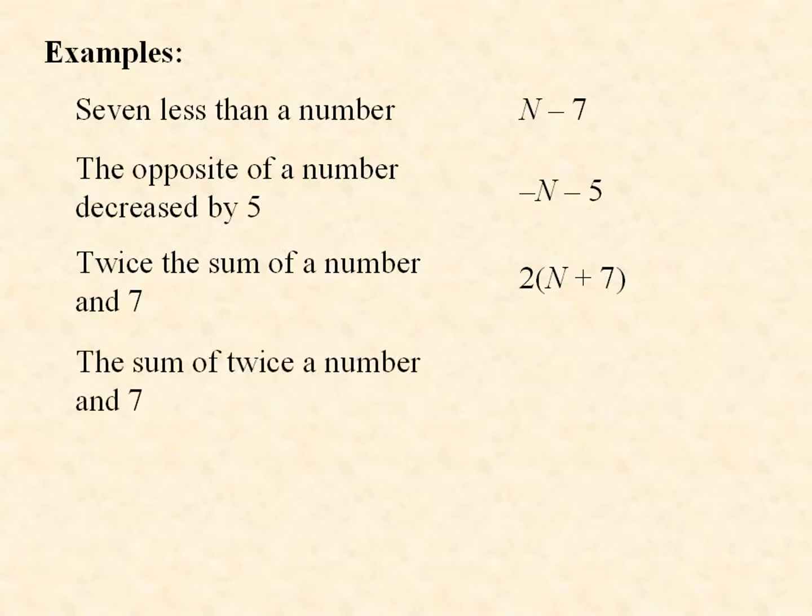If the problem says the sum of twice a number and 7, that's a different story. We multiply the number by 2 and then add 7. So that's 2n plus 7 without the parentheses. Do you see the difference between these last two? It's very important.